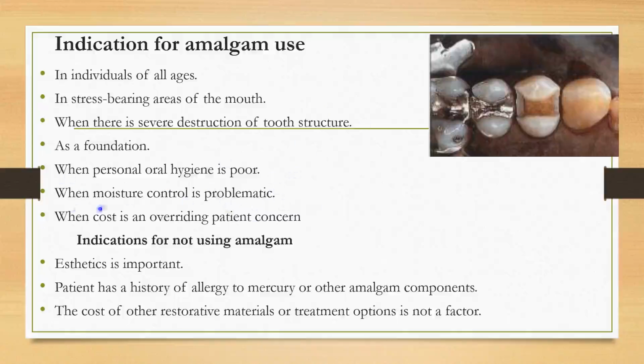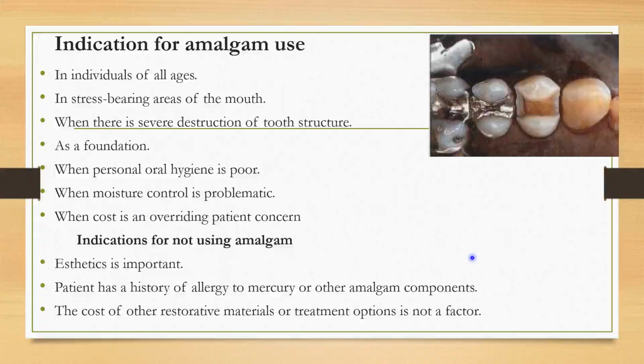Then we can use amalgam as compared to composite, because composite is moisture sensitive. So it's used when moisture control is problematic, and also when cost is an overriding patient concern. Amalgam is a little bit cheaper as compared to other restorative materials that we have.